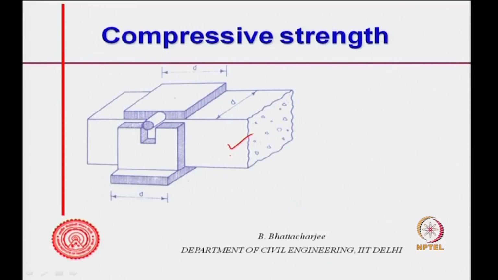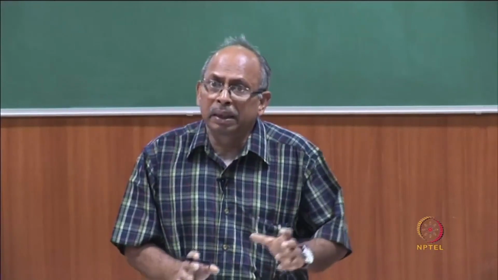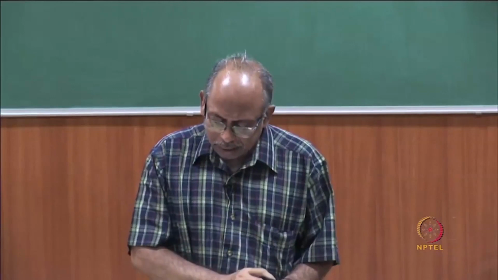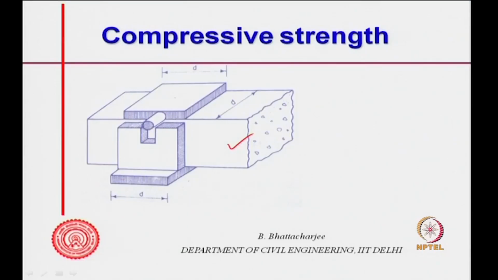We will discuss this test for flexural strength sometime later. After doing that test, the remaining unbroken portion I can actually test under compression. So, the load is applied through the top plate and the bottom plate is here, and as we press it goes down and I get some results.